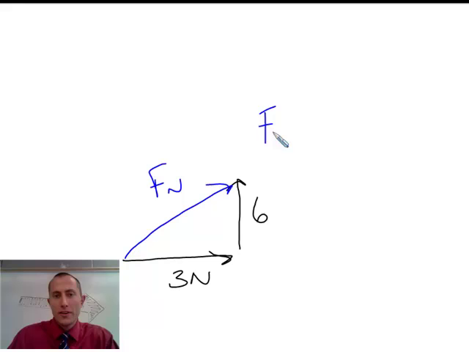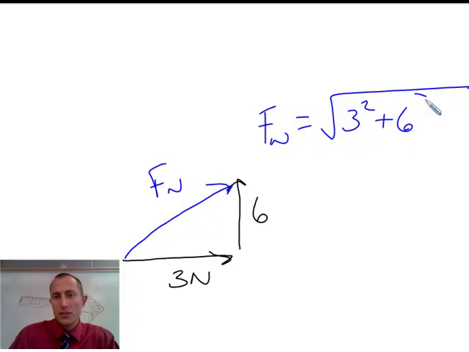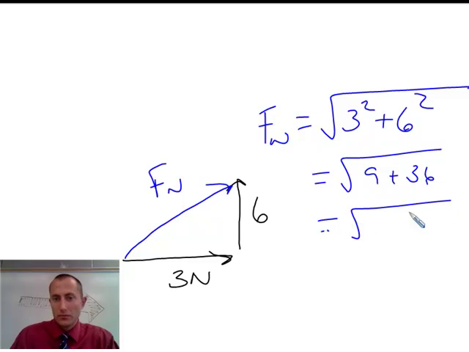And so our net force is going to equal the square root of 3 squared plus 6 squared. So we have the root of 9 plus 36. So we have the root of 45.